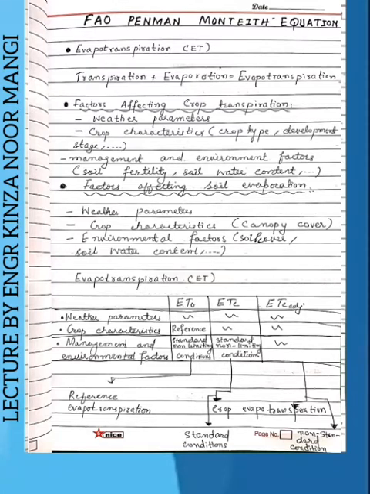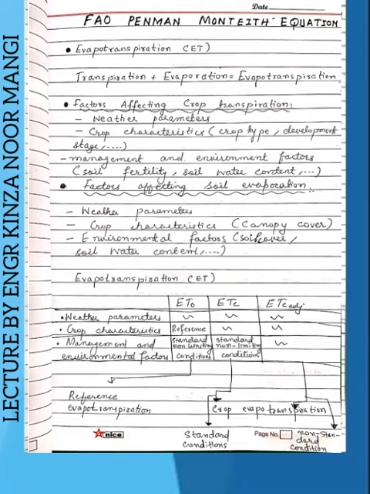When the weather parameters are considered, and the crop is a reference crop, like if I say that Penman used grass as the reference crop, and the standard non-limiting conditions, what are they?